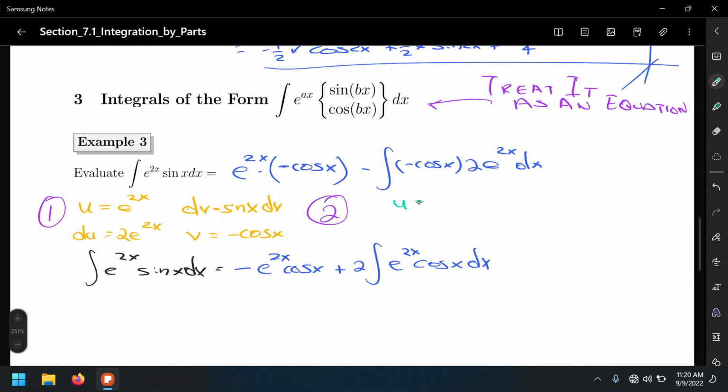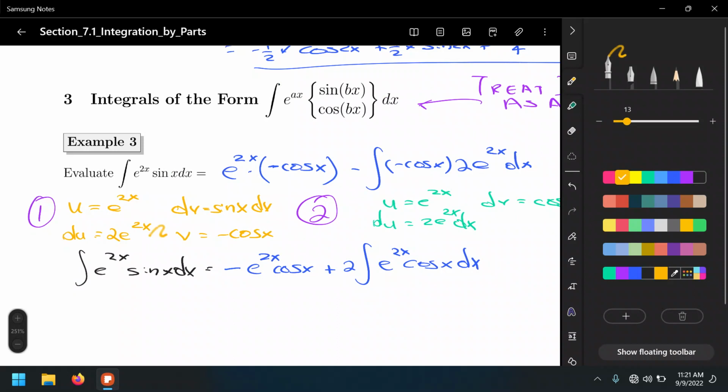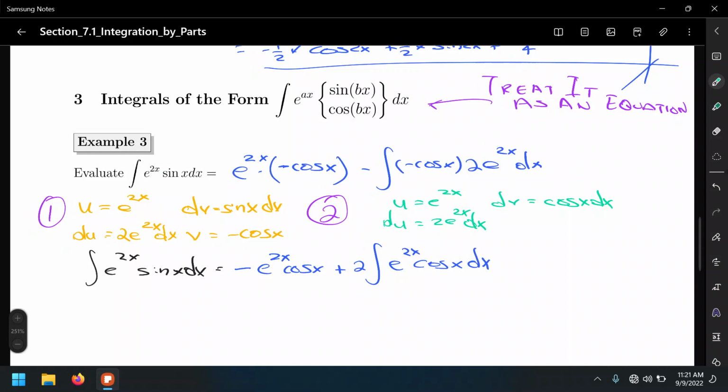In this case, u equals e to the 2x and dv equals cosine x dx. The derivative of u, du, is 2e to the 2x dx, the same way as last time. And v is the integral of cosine. But what's the integral of cosine this time? Positive sine, right?